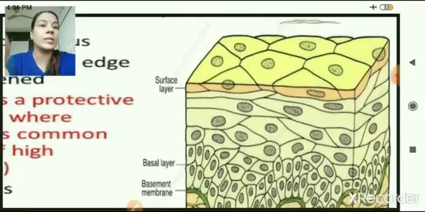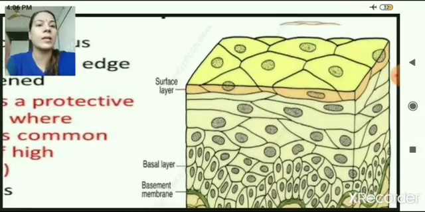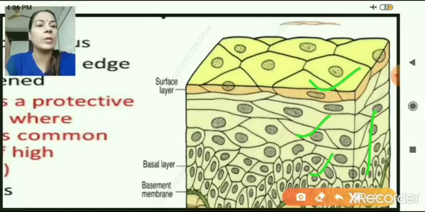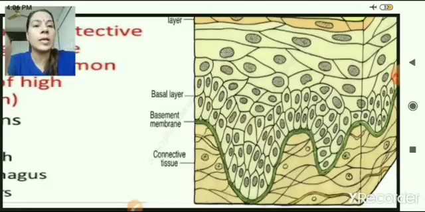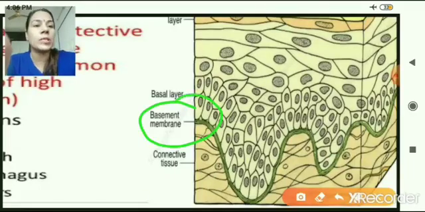You can see so many strata are there. This is one strata, here one more strata and one more strata. Similarly, you can see other strata here. And you can also see a very important part here, the basement membrane, which is separating this tissue from these tissues.